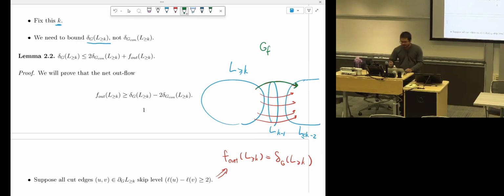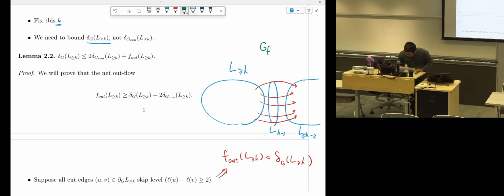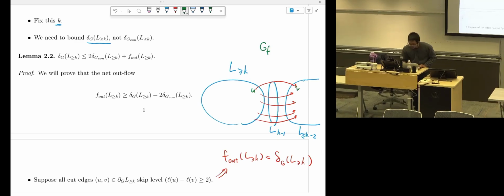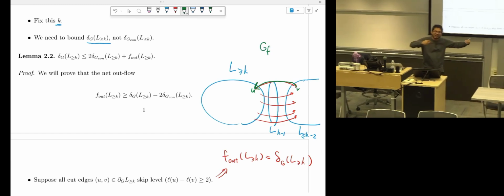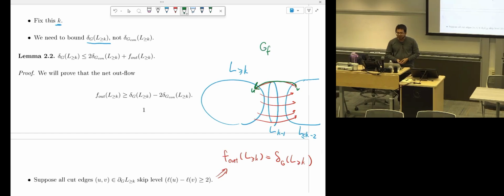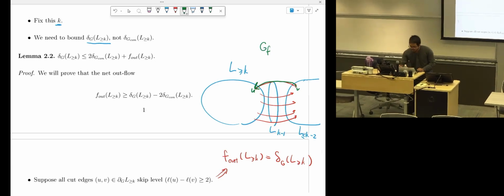So it means that in the residual graph, this edge UV must look like this. There's no downhill edge, only an uphill edge in the residual graph. Every edge that skips a level must look like this in the residual graph, with no downhill.